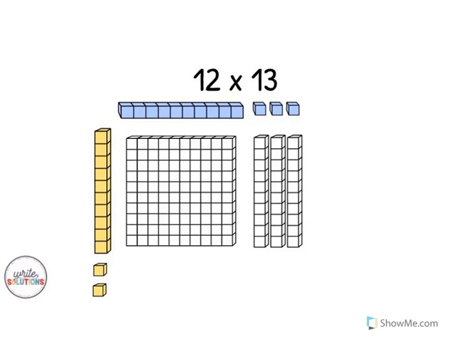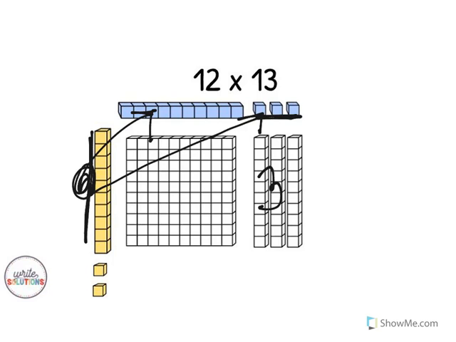Next, we multiply this 10 by this 3. So we've distributed this 10 here first to the 10 and later to the 3. 10 times 3 gives us this partial product of 30.